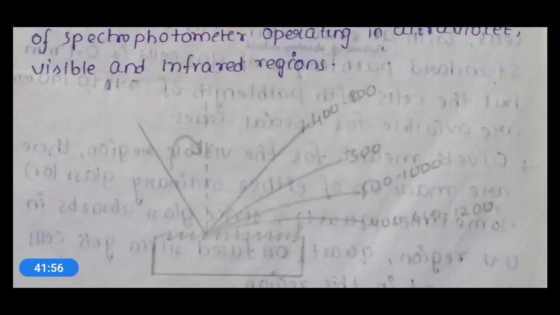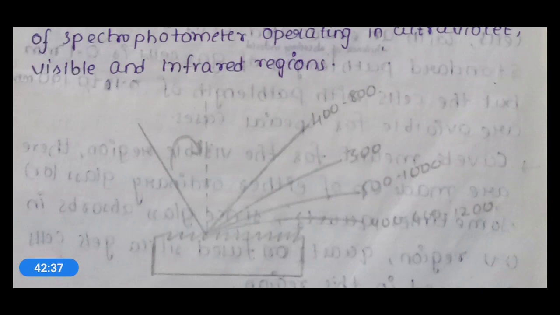Okay, so this is about the first two major parts of the spectrophotometer. The first one is the energy source, and the second one is the monochromator. The energy source gives the light essential for absorption, and the monochromator helps in the separation of the polychromatic light beam into monochromatic light beams.